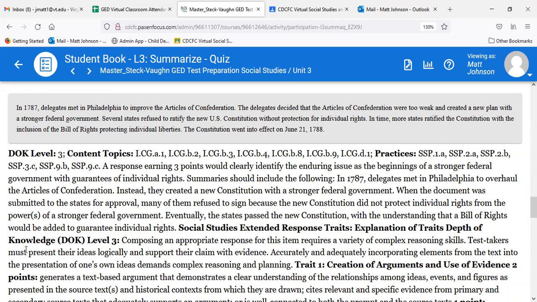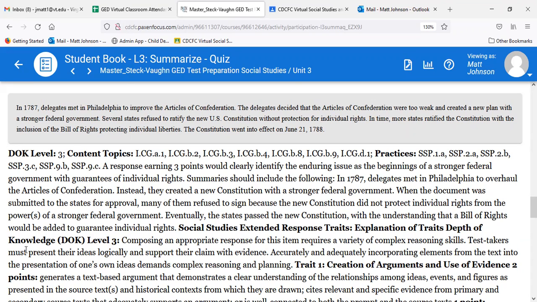Right here it says in 1787, delegates met in Philadelphia to overhaul the Articles of Confederation. Basically what we said, right? To fix the Articles of Confederation. Instead, they created a new constitution with a stronger federal government. We hit that mark. When the document was submitted to the states for approval, many of them refused to sign because the new constitution did not protect individual rights from the powers of a stronger federal government.